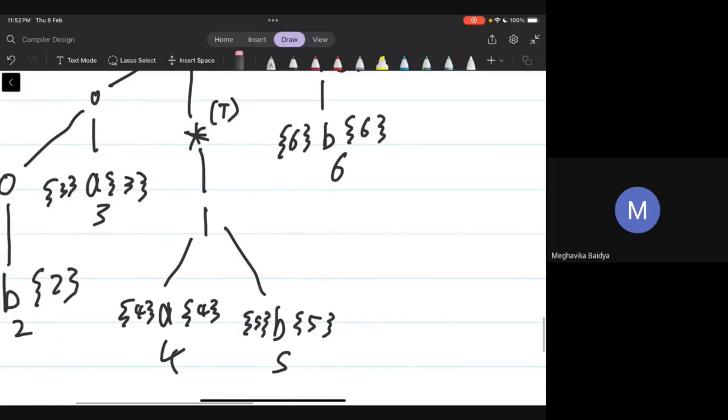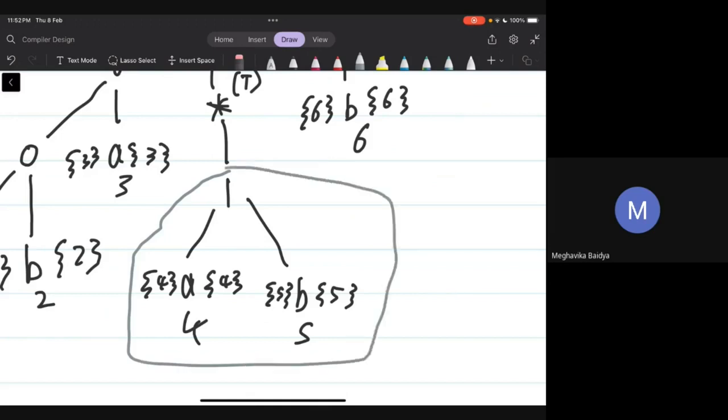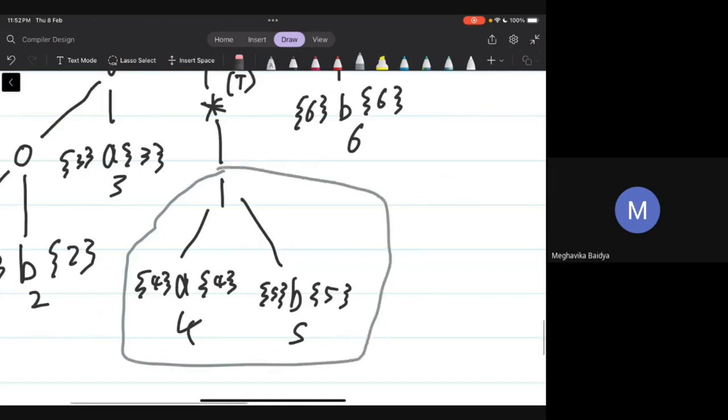Here you have this or. For the or, you take the union of the left child and the right child. Consider this subtree. Here, this is the left child and this is the right child.